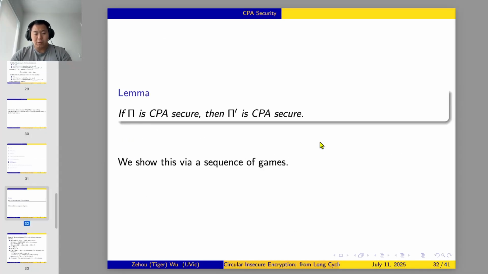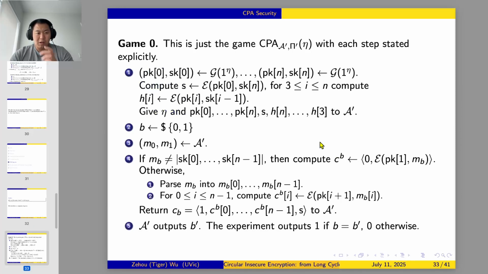Before we continue, I want to mention this uses the idea that when you see a bunch of ciphertexts but there are no cycles in them, it would be secure. So we begin with game 0. This is just a CPA experiment, but we write out every step explicitly with respect to pi.